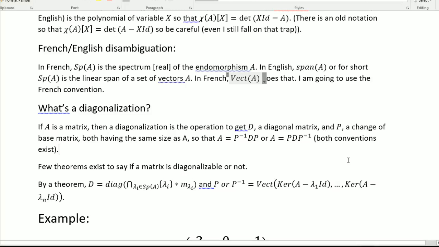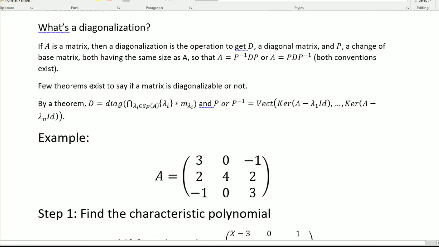Both conventions exist. Few theorems exist to say if a matrix is diagonalizable or not, but we'll study only the case that it is diagonalizable, not trigonalizable. So we'll just study the case that it is, but you have to know that there exist lots of things. By a theorem, D is equal to the diagonal matrix.